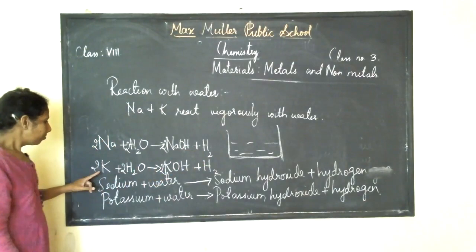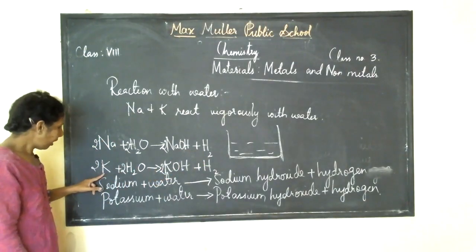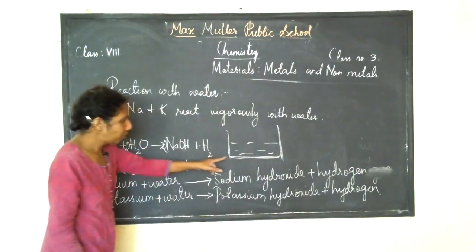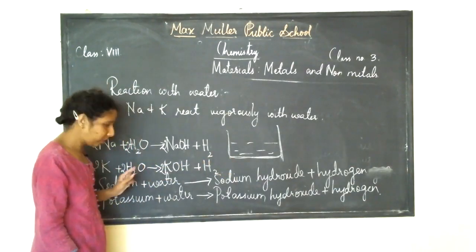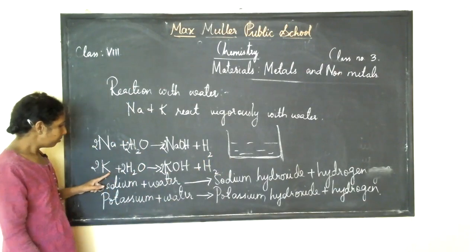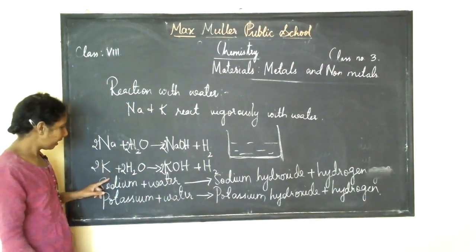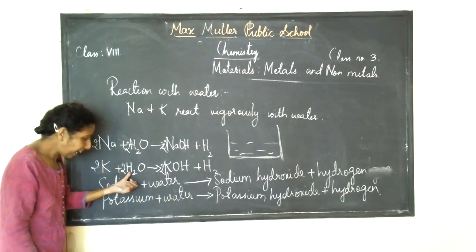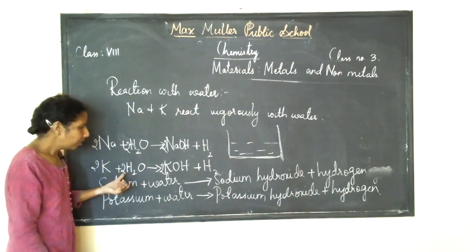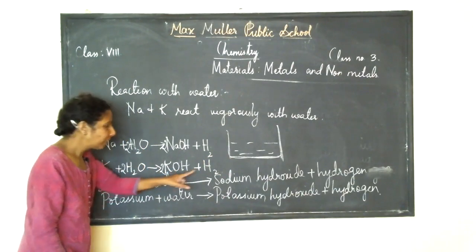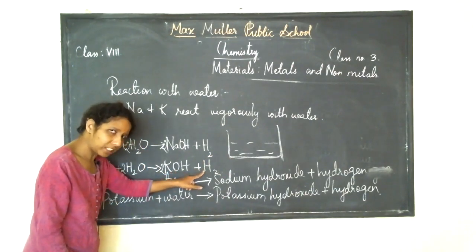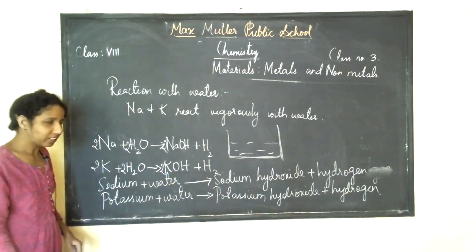Same way, if you add small grain size potassium into water, it runs on water, becomes smaller and smaller in size. Potassium reacts with water vigorously to form potassium hydroxide, liberating hydrogen gas. Did you people understand this?